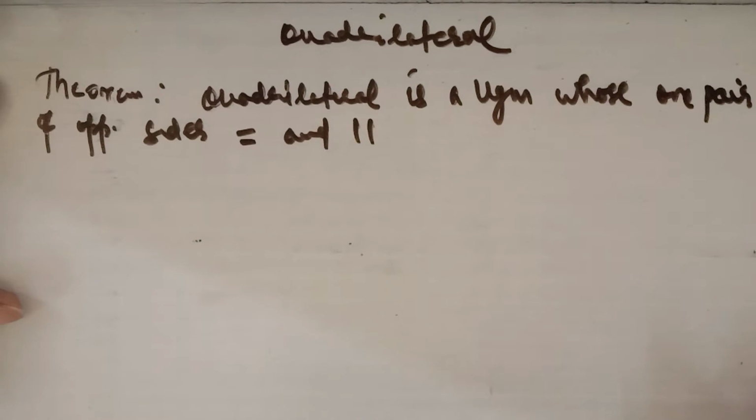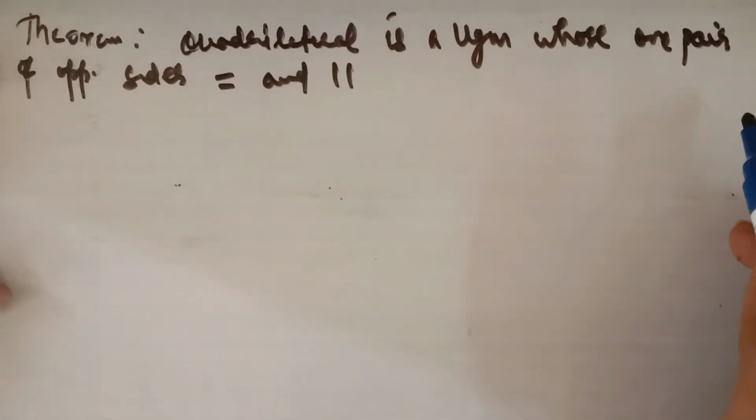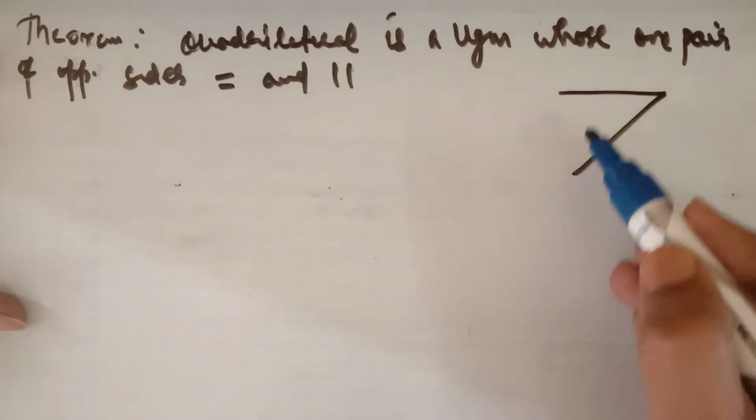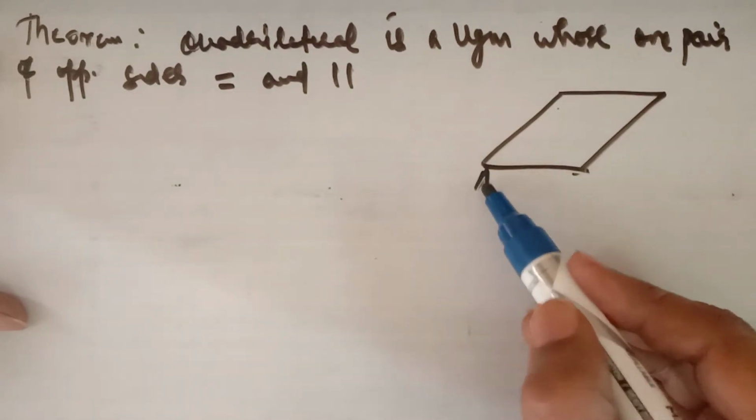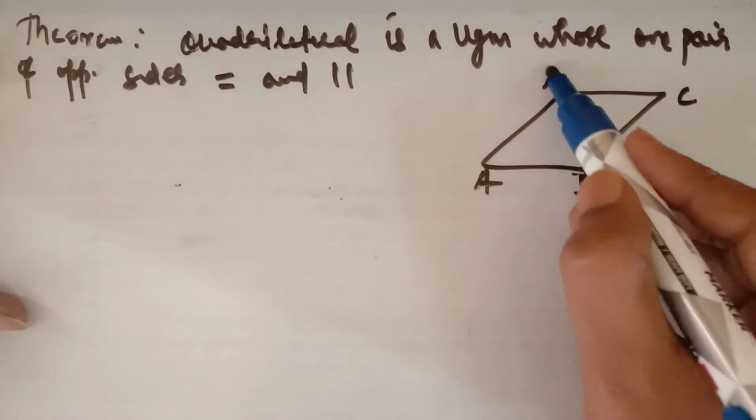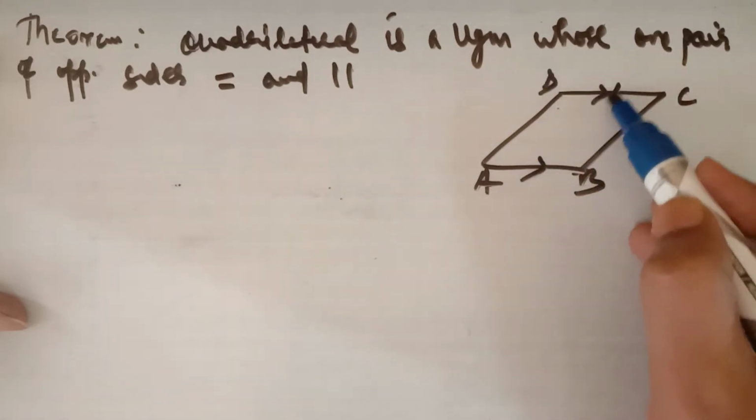That is, if in a quadrilateral we prove that one pair of opposite sides is equal and parallel, then it is a parallelogram. So let us draw a quadrilateral in which one pair of opposite sides is equal and parallel.